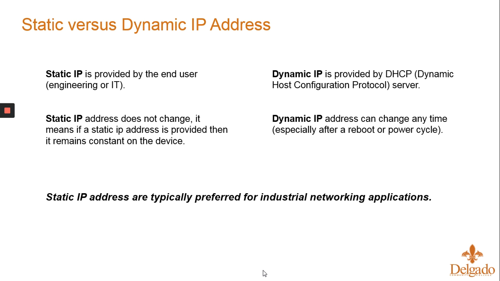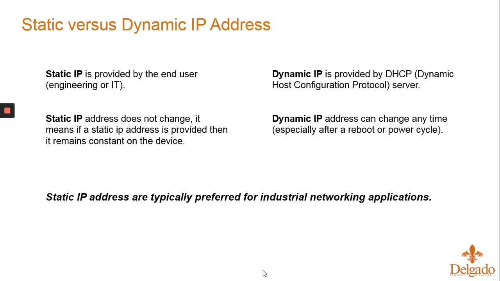For instance, if you take your laptop to your house and hook into your Wi-Fi, you don't set an IP address ever. The Wi-Fi router will assign an IP address to your laptop. That is what's known as DHCP, or Dynamic Host Configuration Protocol. So the router itself will dynamically assign an IP address to your laptop.